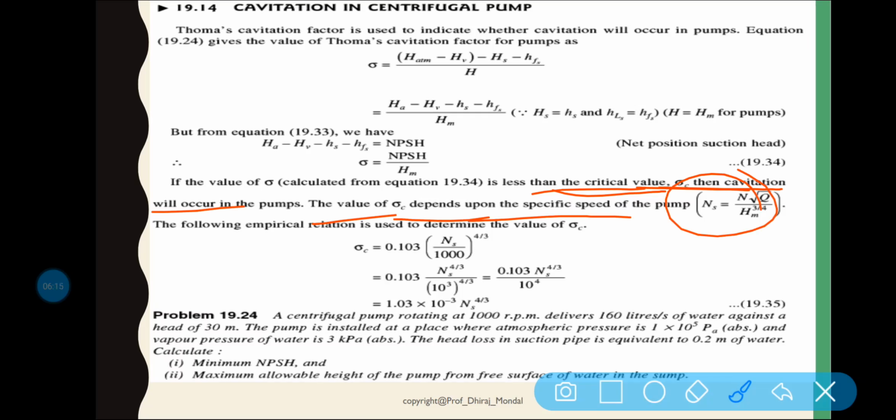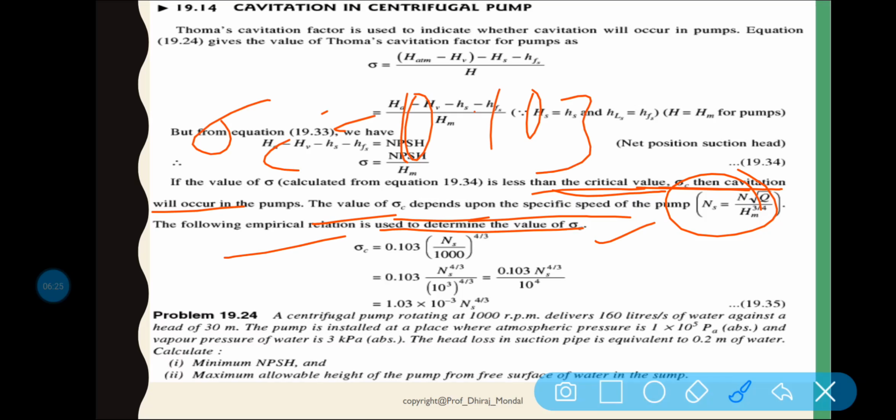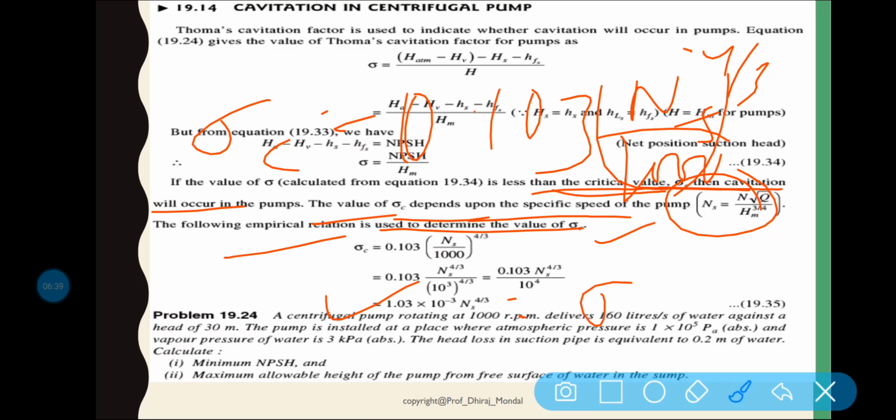The following empirical relation is used to determine the value of sigma c: sigma c is equal to 0.103 times (ns by 1000) to the power 4 by 3, so ultimately 1.303 into 10 to the minus 3 ns to the power 4 by 3 is equal to sigma c.